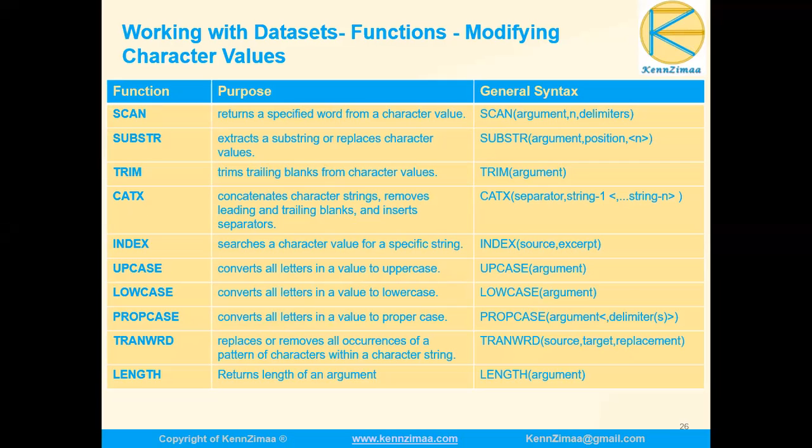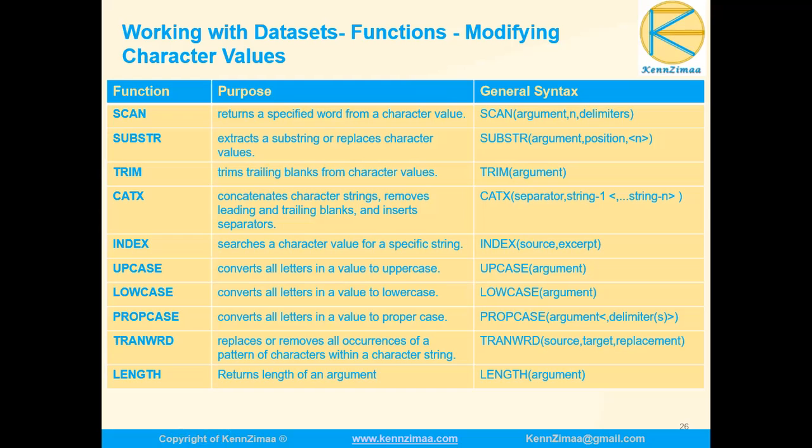Mostly the functions of character variables are used to pull out only the required part of a complete string, or assign it a proper case, or calculate the length of that particular argument or character variable. Okay. These are the functions which we usually use 80 to 90% of the time.